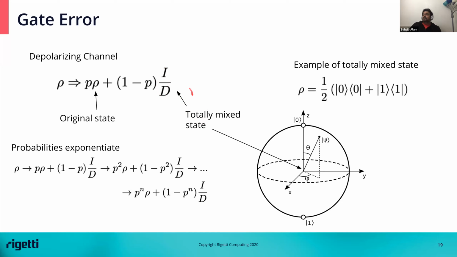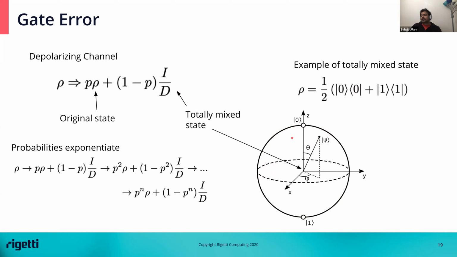So what is this totally mixed state? You already saw an example of one. In the case of a single qubit, it is precisely this classical bit, right? If you're familiar with the Bloch sphere, the different points on the surface of the Bloch sphere told us about the different possible single qubit states.